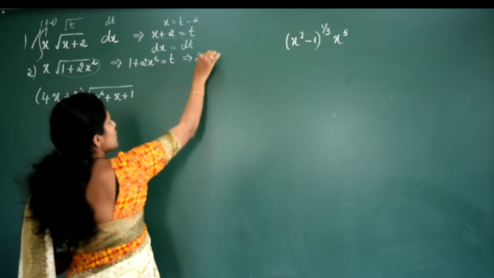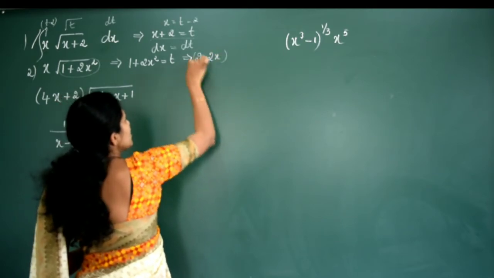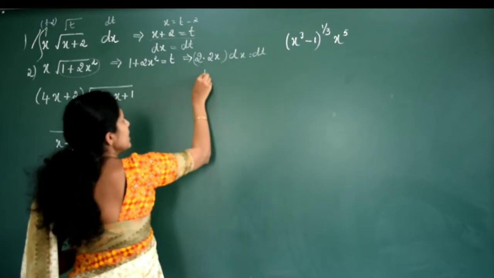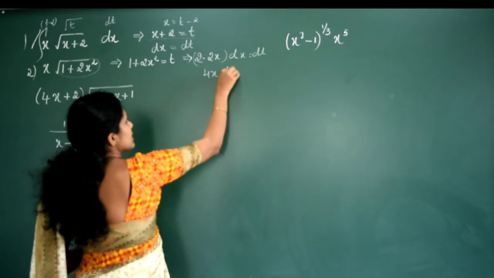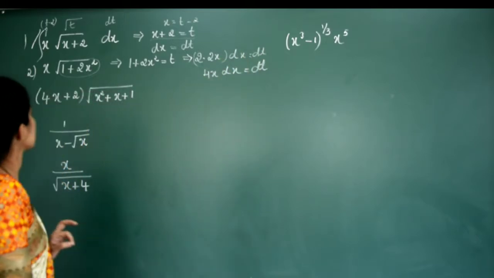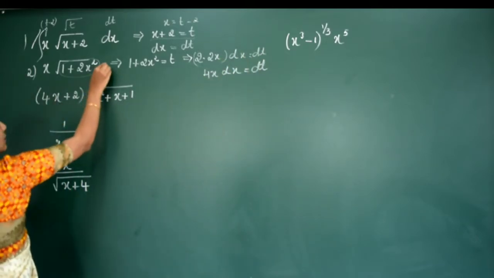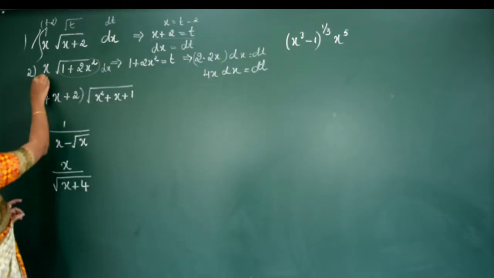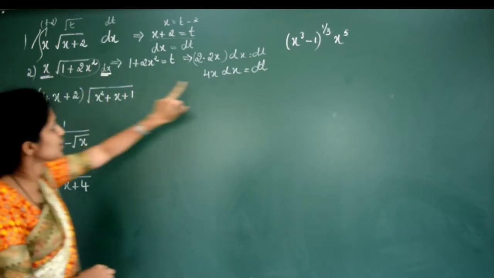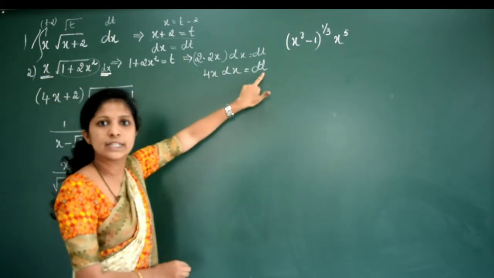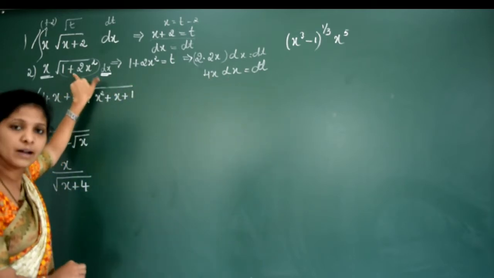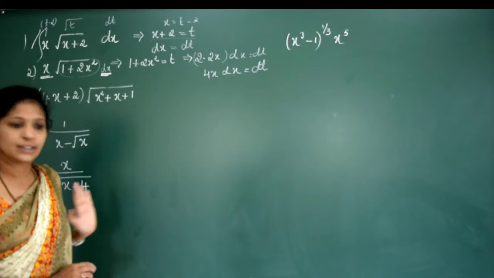The derivative of x square will be 2x into dx is equal to dt. By this what can we write? 4x into dx is equal to dt. So x into dx will be equal to dt by 4, and this will be root t. So clear? By using this you can integrate the function.